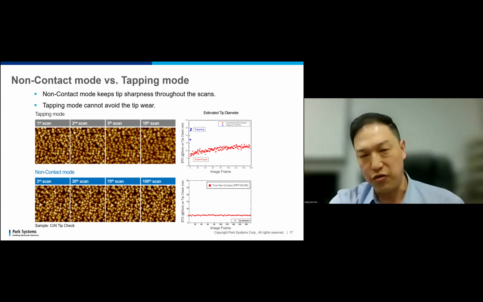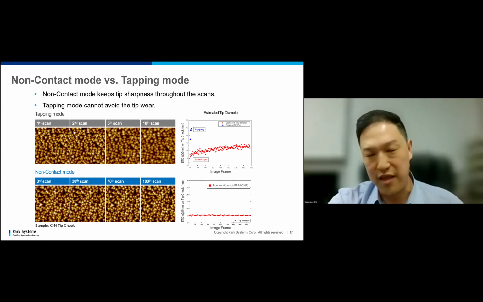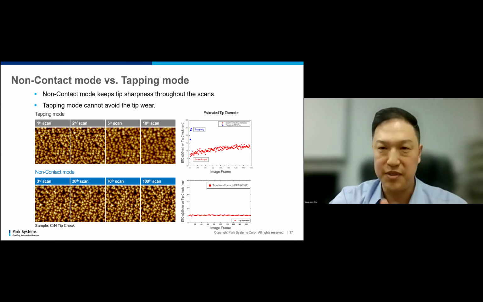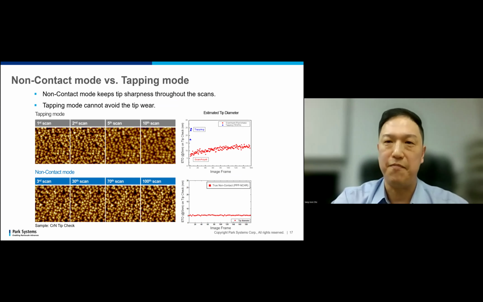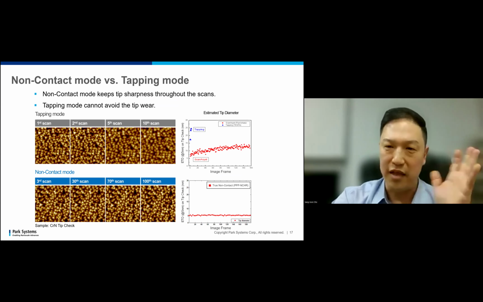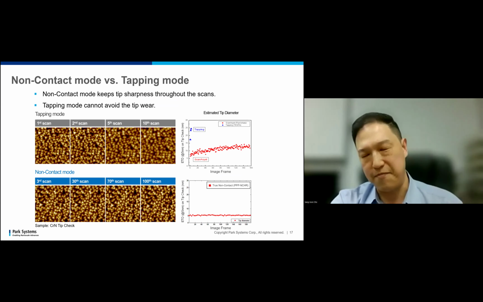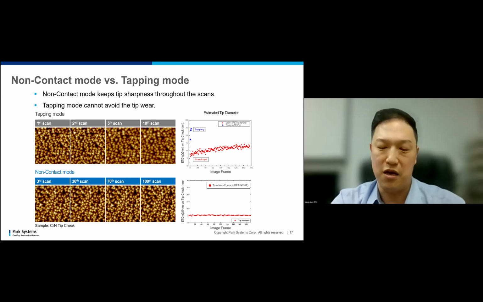Even after 10,000 scans, the tip stays sharp. That means you can get the same data image after image, so industry can believe their AFM data.